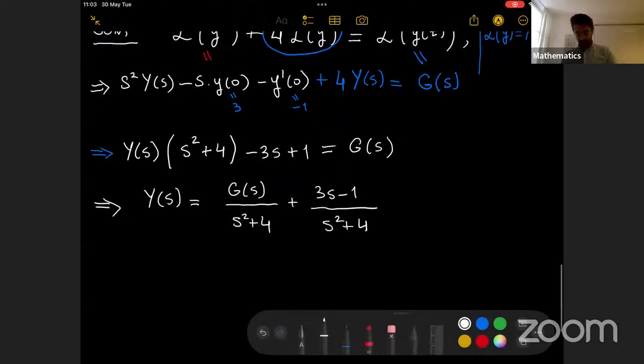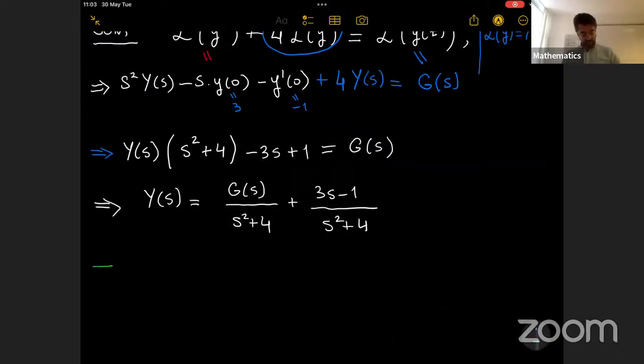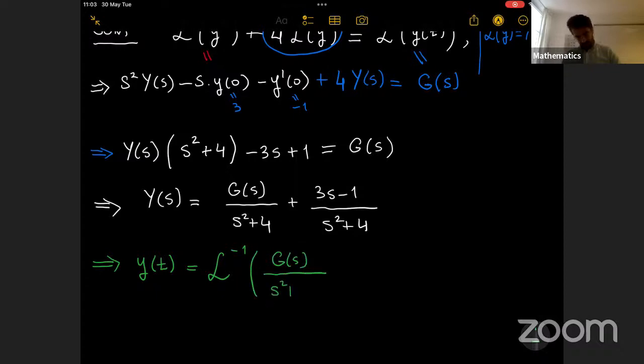Now let's apply the inverse Laplace transform. When we apply the inverse Laplace transform, we will get y of t is equal to the inverse Laplace of G of s over s squared plus 4, plus the inverse transform of this.